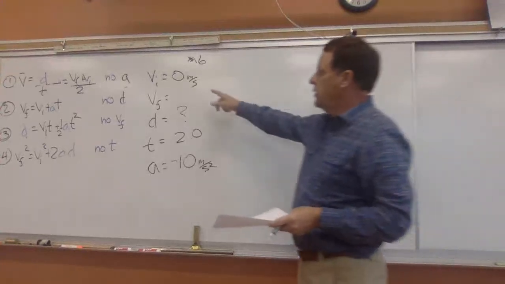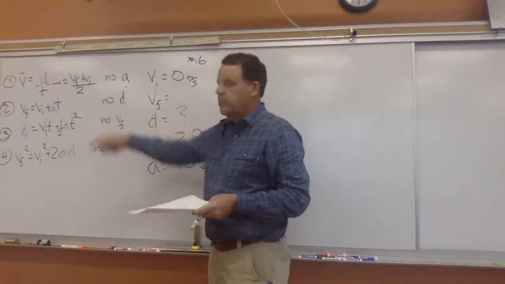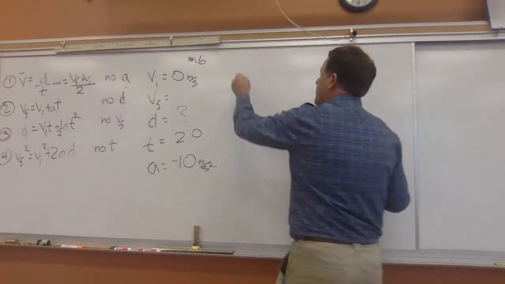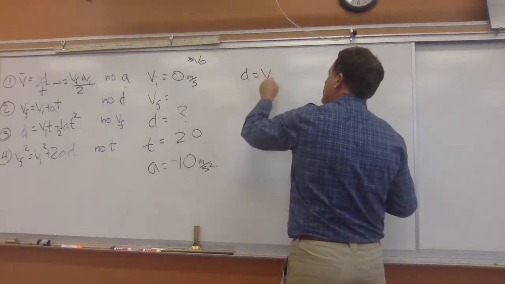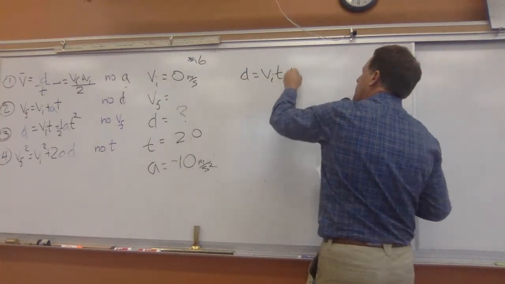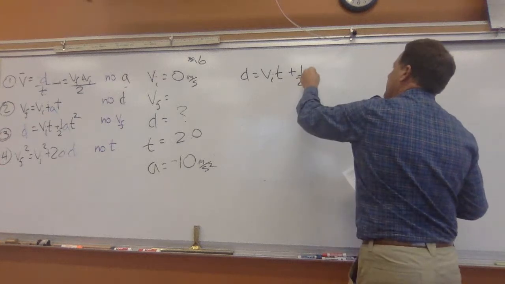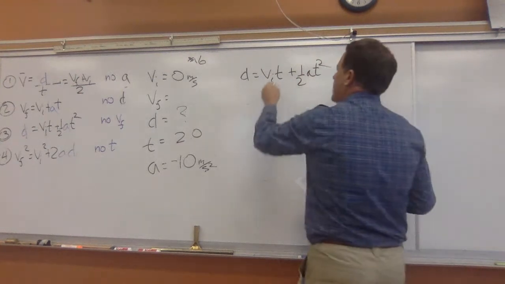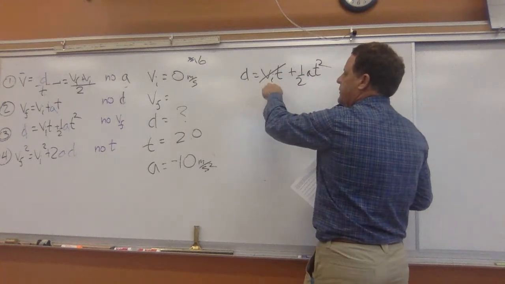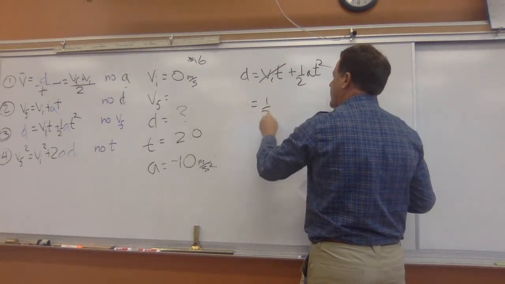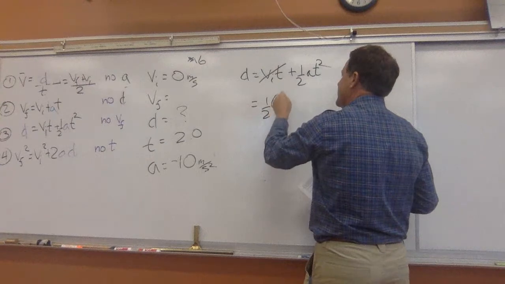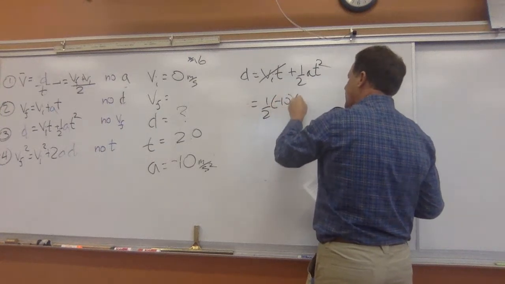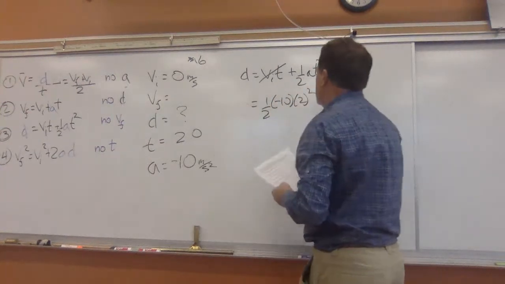So we don't know the final velocity, so this is going to end up being equation number 3. Distance is equal to the initial velocity times time plus 1/2 a t squared. And again, the initial velocity is 0, so that goes away. So we're going to have 1/2 times -10 times 2 squared.